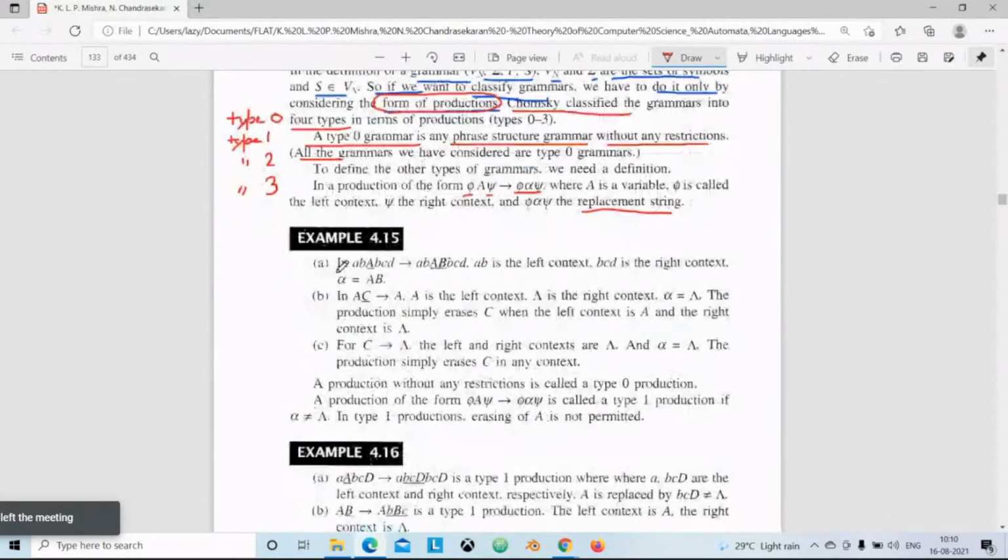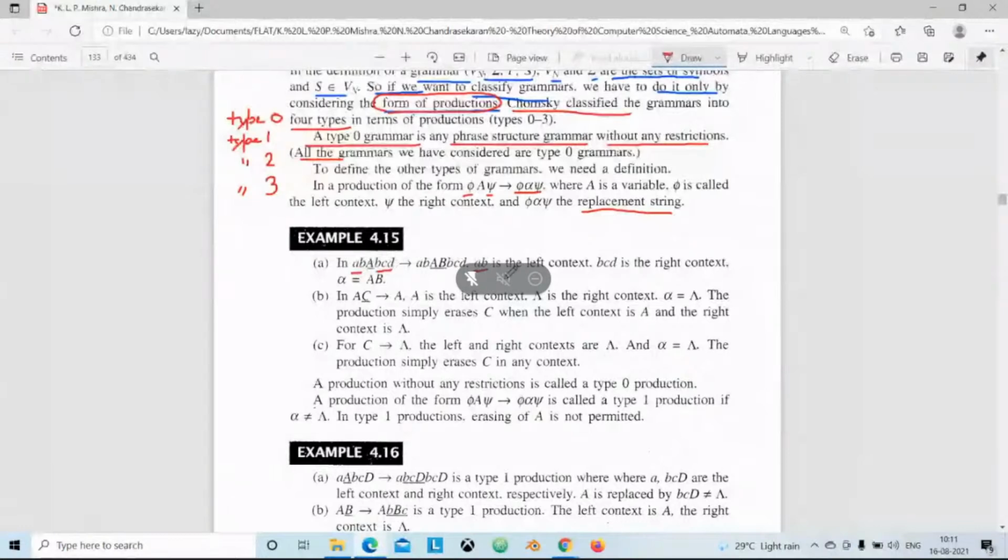A few examples have been given. In ab A BCD → ab AB BCD, ab is the left context and BCD is the right context.